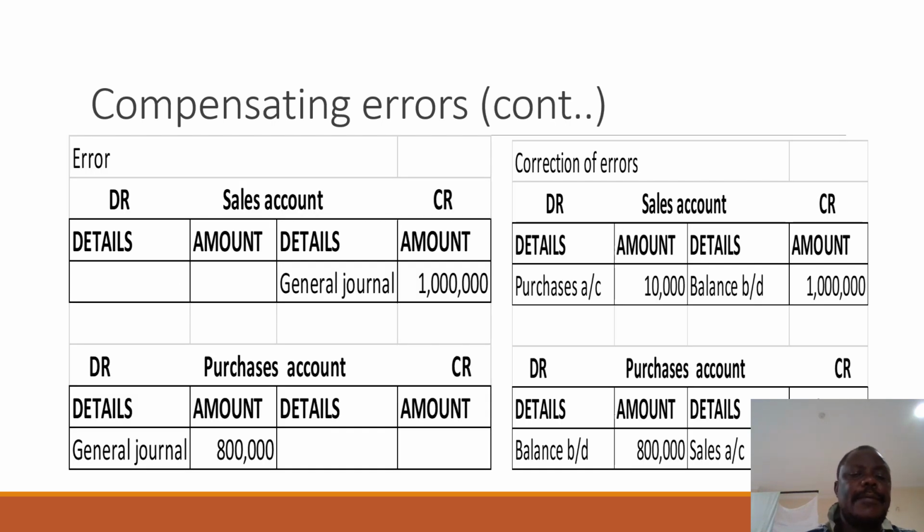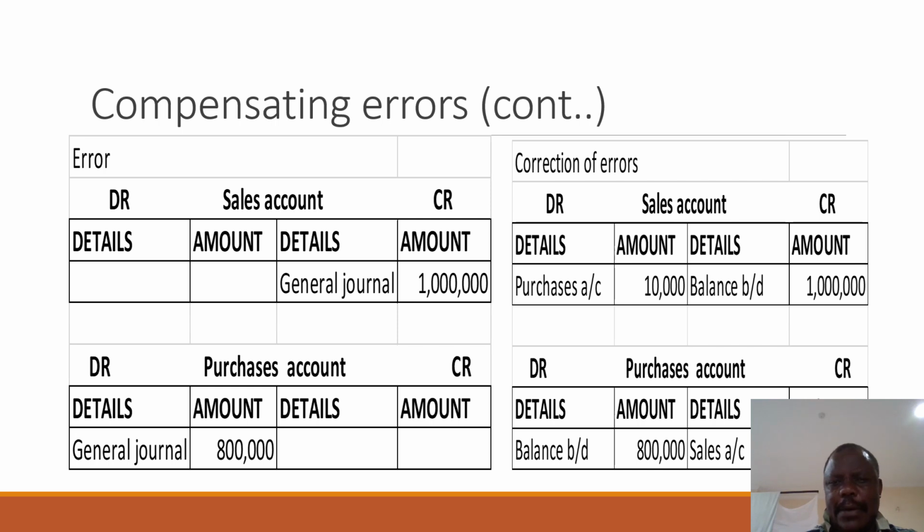So if we wish, we can show it in a ledger. In the sales account, we have a general journal entry, 1 million, and in the purchases account, 800. So both of them had an addition of 10,000.